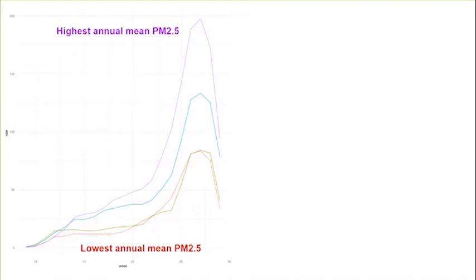But one thing that we've noticed right away is that week to week, we look at case rates in the census tracts of the state that have the highest concentrations of PM 2.5 and the lowest concentrations of PM 2.5.